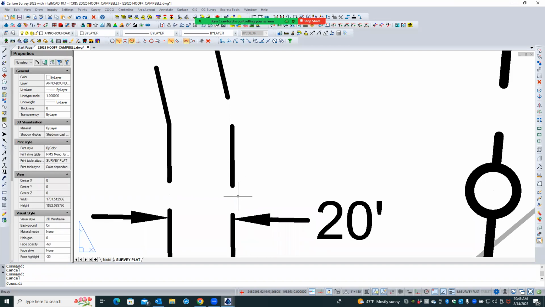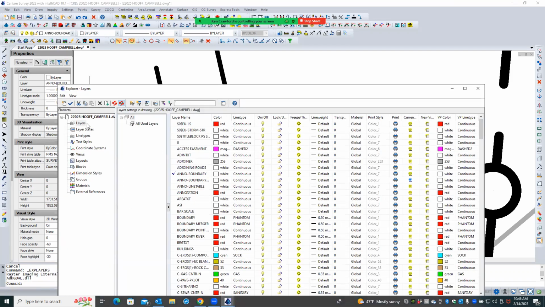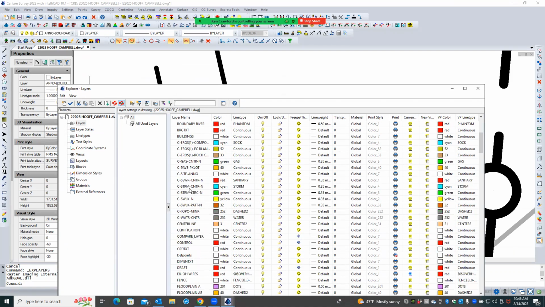Now, even though you see these pick points with dimensions, they're always placed on a particular layer called depth points, which is right down here. And by default, it's turned to not print.